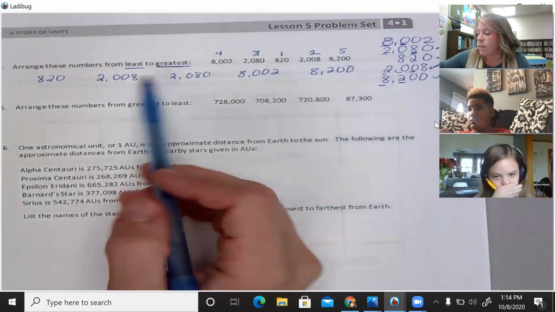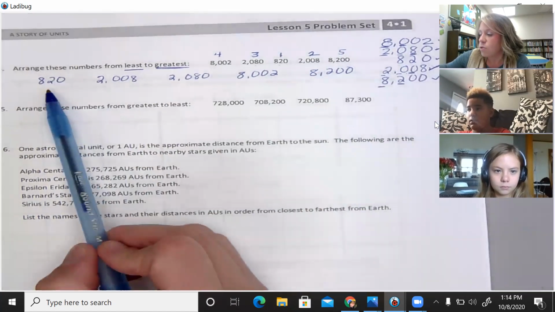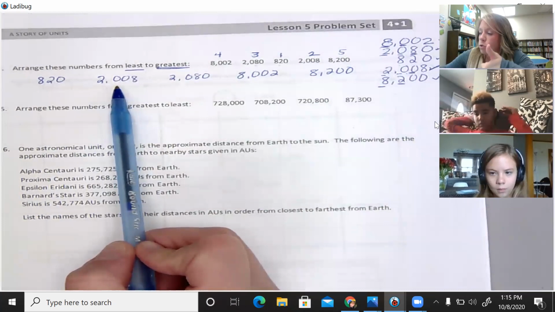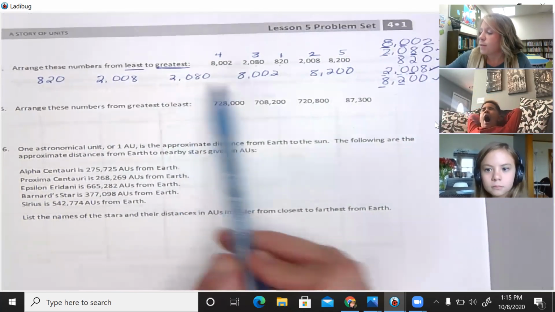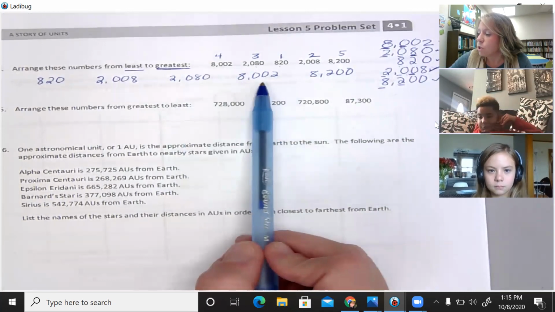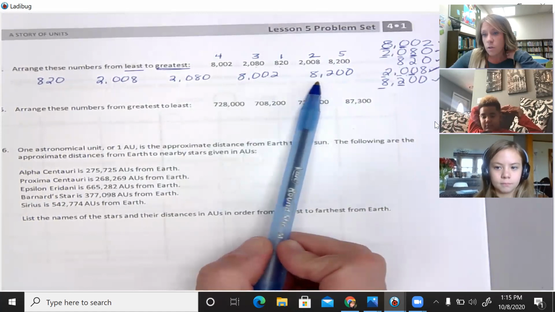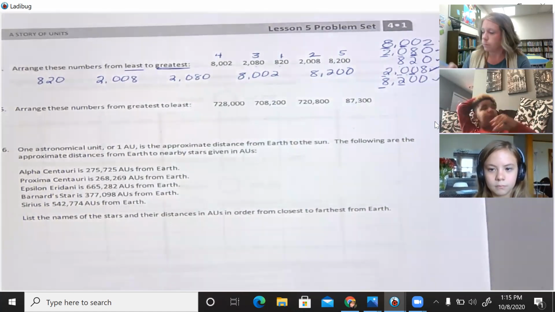And then I just want to double check that I go least to greatest. So I always just go through and ask myself, okay, is 820 smaller than 2008? I'm good. Is 2008 smaller than 2080? Is 2080 smaller than 8,002? And is this the biggest number, 8,200? And as long as I agree with all of those, I know I'm good to go.